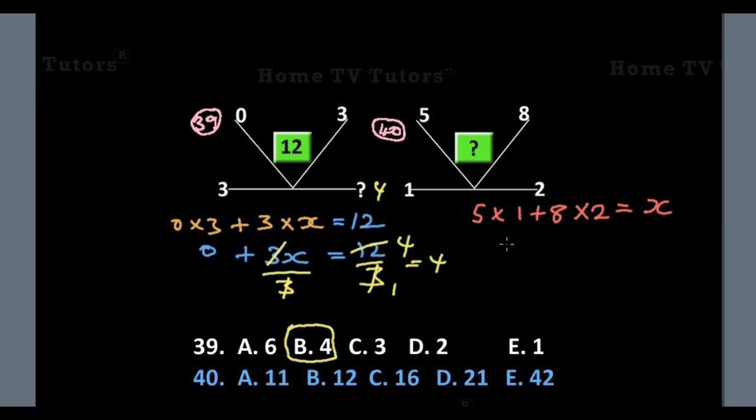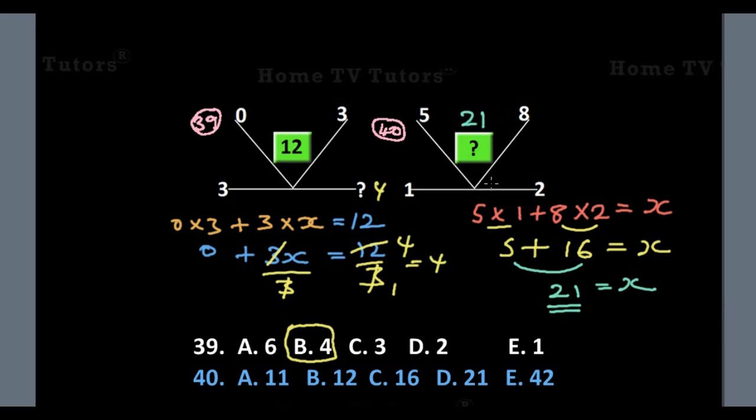Okay, 5 times 1 gives us 5, plus 8 times 2 gives us 16, both equal to x unknown. Okay, 5 plus 16 gives us what? 21. So the unknown number is 21. The answer option D is the right answer.